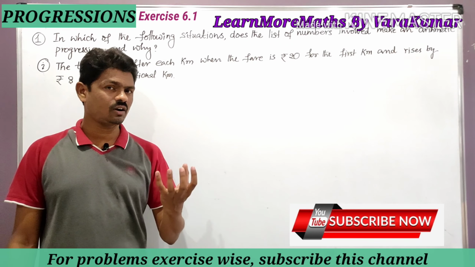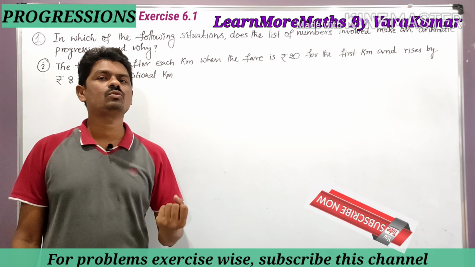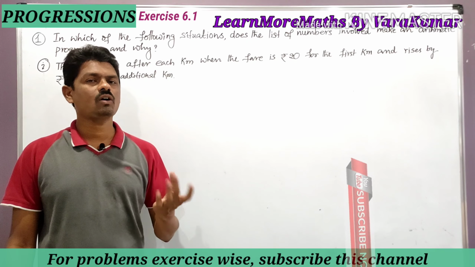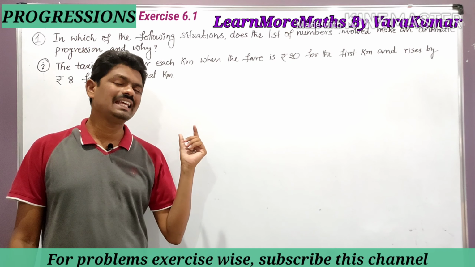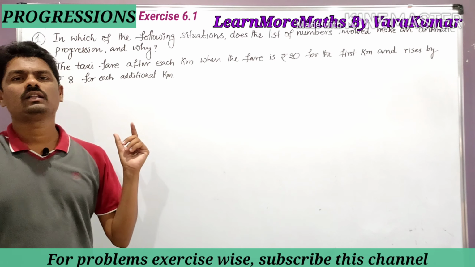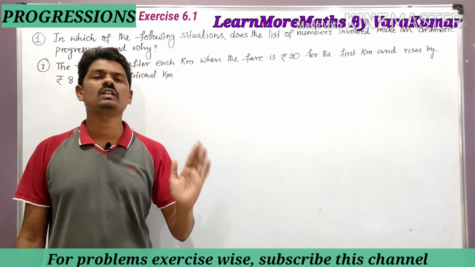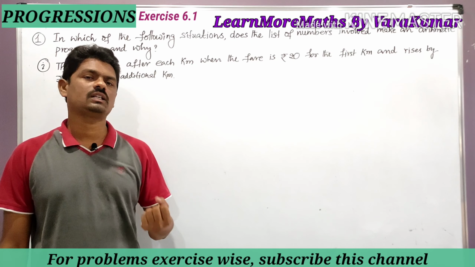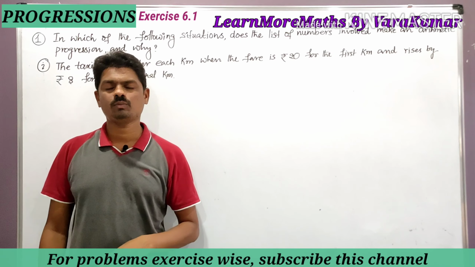By finding the common difference of every successive term. So we can say if the common difference is same in each successive term, then we can decide the list of numbers involved in the given situation forms an arithmetic progression, otherwise it doesn't form an arithmetic progression.